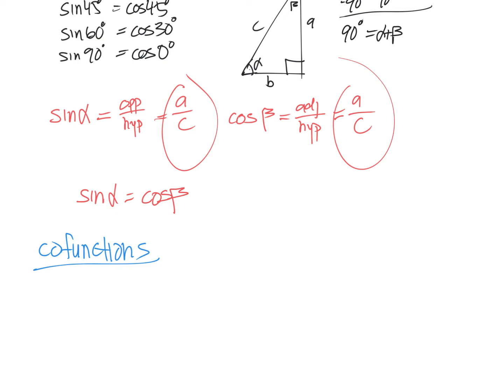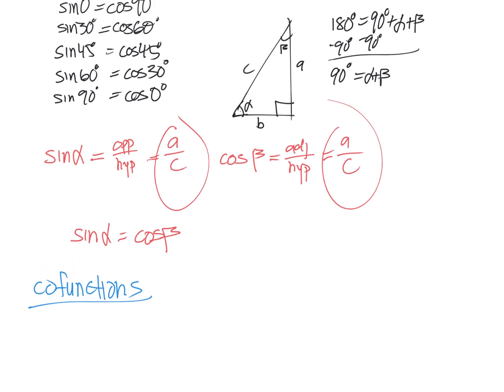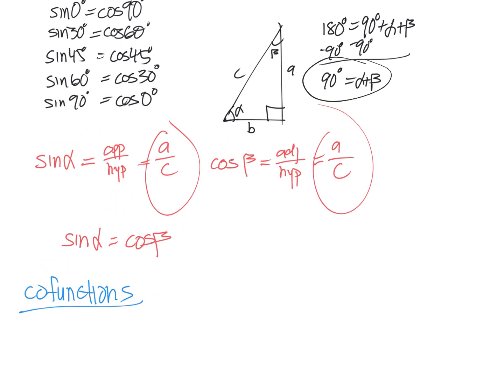Since we knew from up here that our alpha plus beta was 90 degrees, let's rearrange, subtract alpha from both sides. So beta is 90 degrees minus alpha. We'll substitute that into here, and so we get sine of alpha is cosine. Instead of beta, we write 90 degrees minus alpha. So that's the relation that we have.